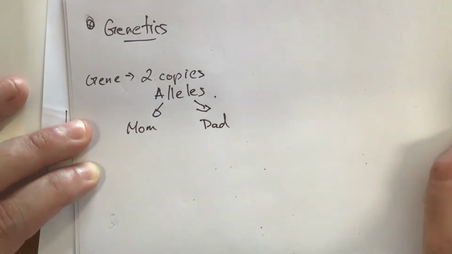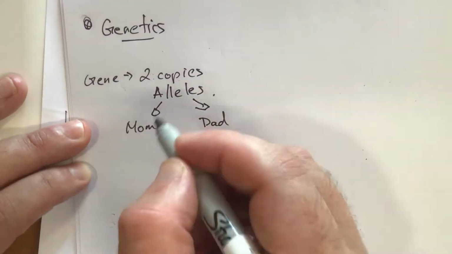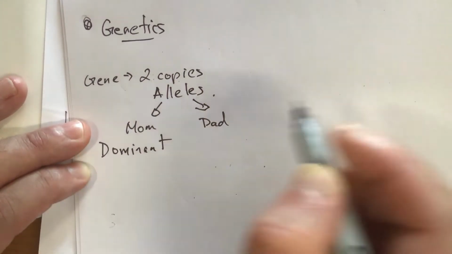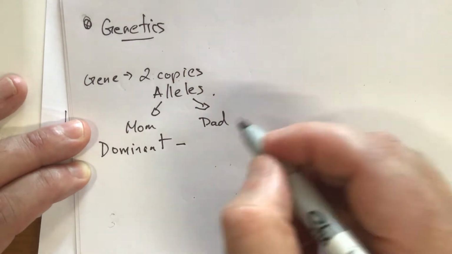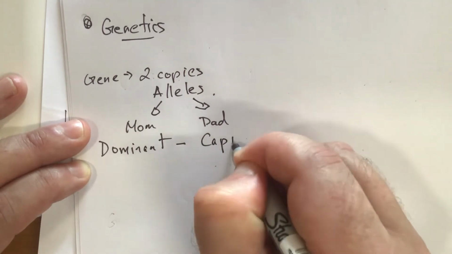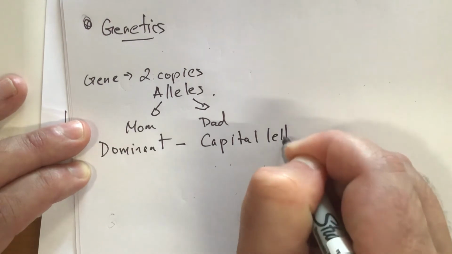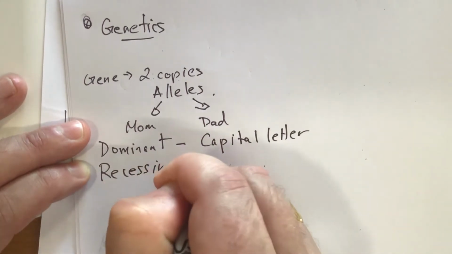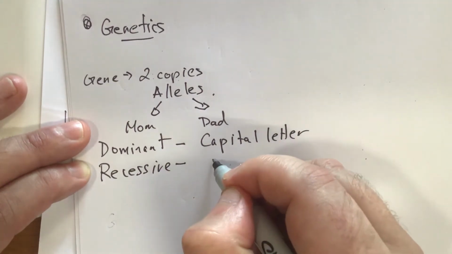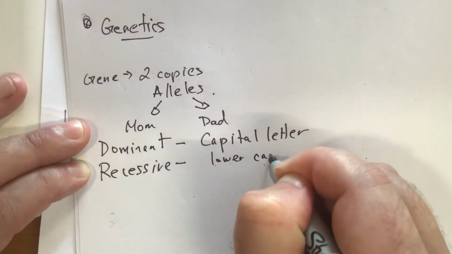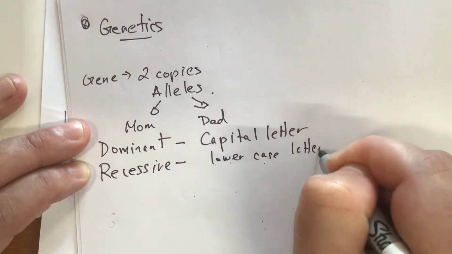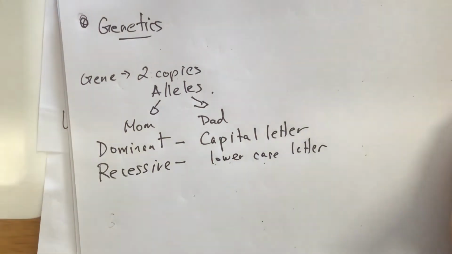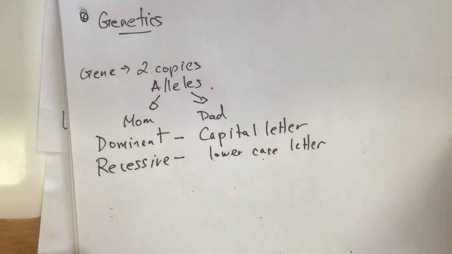Now, these flavors of the alleles can either be in a dominant flavor, and for that we use a capital letter to indicate that it's dominant, or they can be recessive, and then we use a lowercase letter. Okay, so hopefully we remember that vocabulary.